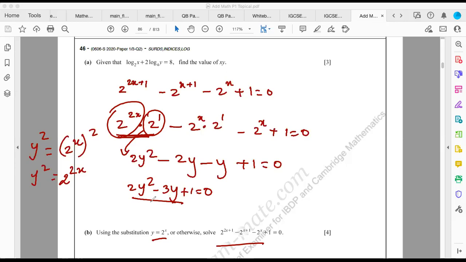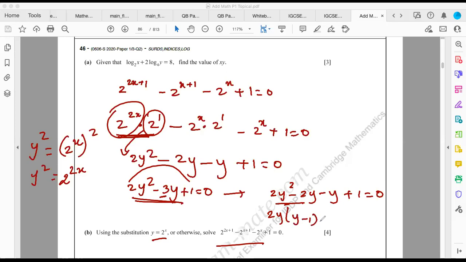And if you factorize this part, 2y squared minus 3y plus 1, you're going to get 2y squared minus 2y minus y plus 1 equals 0. Product is 2 and sum is -3, so that's your -2 and -1. If you take 2y common, you get 2y times (y minus 1) minus 1 times (y minus 1) equals 0.